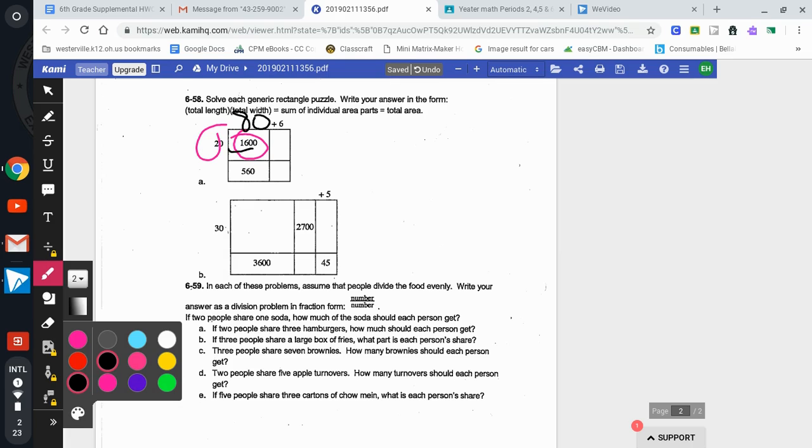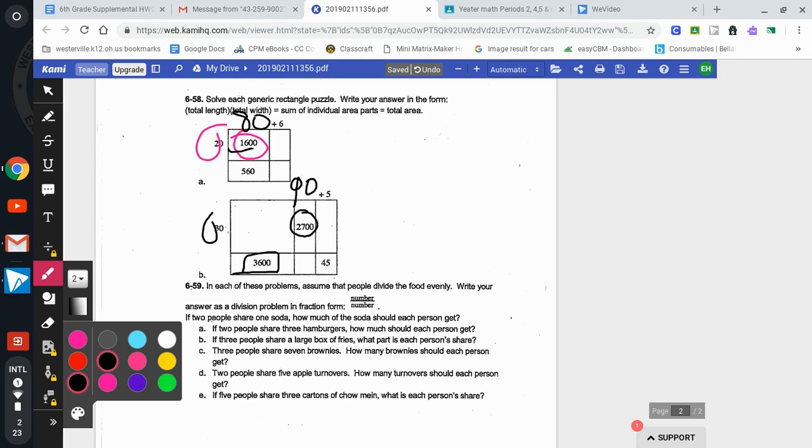Looking at the last one again, I have 30 there. This is a key number for me right here, 2,700. So 3 times what is 27? That is 9. So you have 9 times 3 is 27. I have 1 0 here, so I will add a 0 there. Looking then down to the next side, this is a key number here, 3,600.